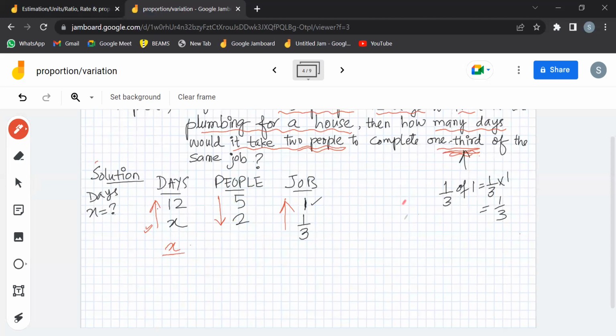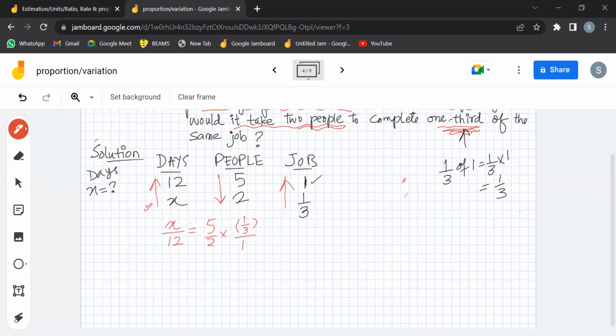X over 12, starting from x towards 12, I'm just following the direction of the arrows, is equal to 5 upon 2 multiplied by 1 over 3 over 1, which can be written as 1 over 3 whole divided by 1, which is simply 1 over 3.